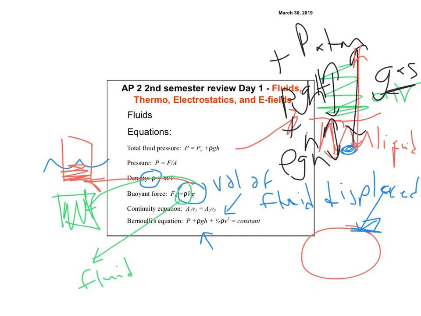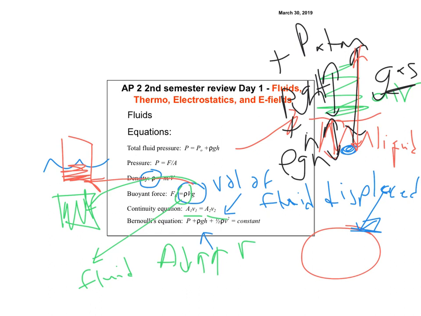That's the concept. The continuity equation just says A times v has to equal A times v. We just have conservation of mass because you have so much stuff going in. That means if A goes down, v goes up, because A is proportional to r squared.